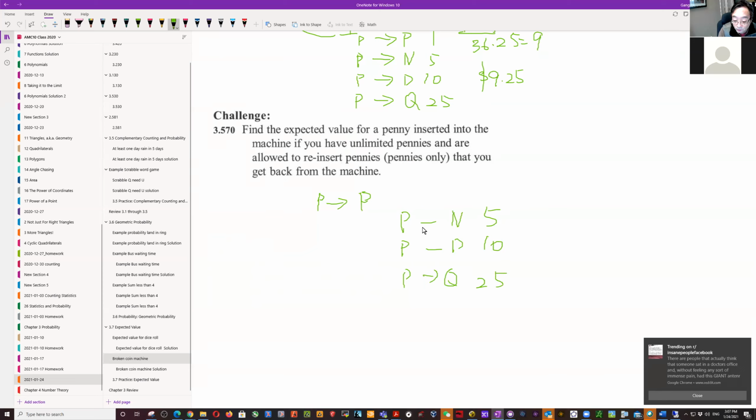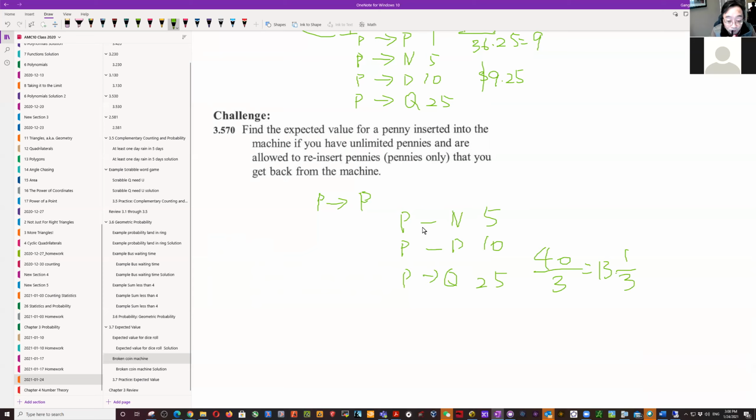If you add them together, that's 40. And 40 divided by 3 is 13 and 1/3. So 13 and 1/3 is the expected value you're going to get out of this.